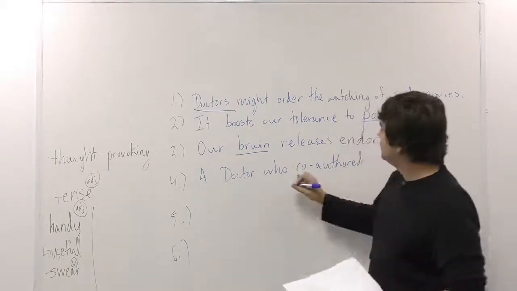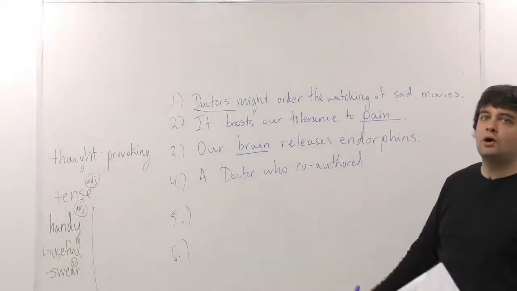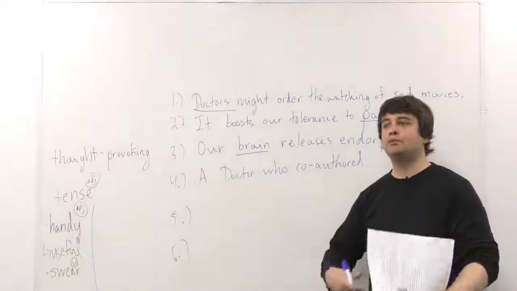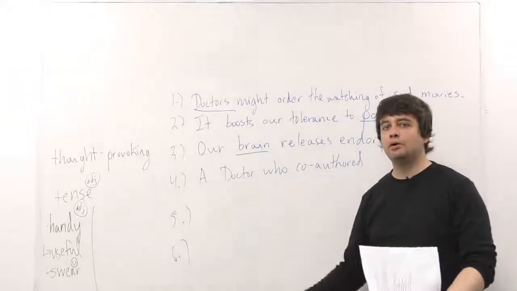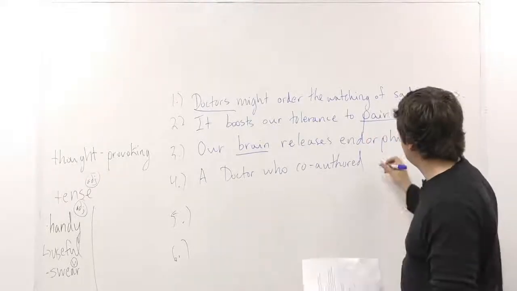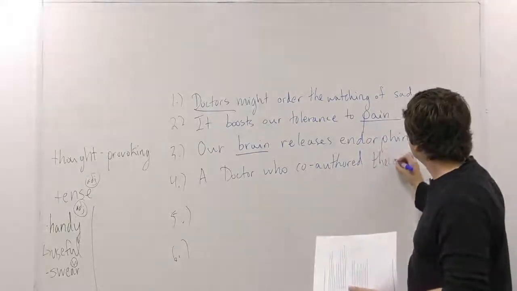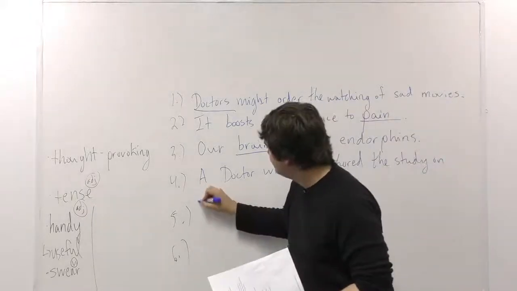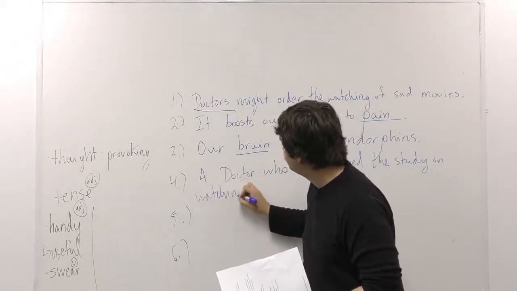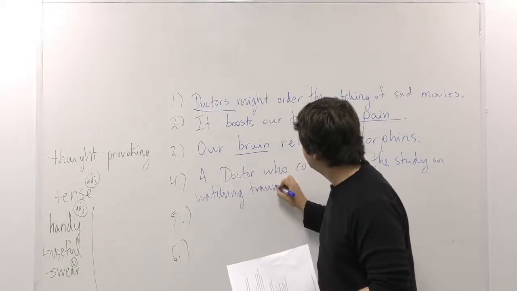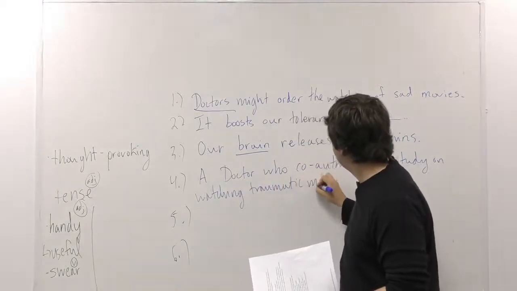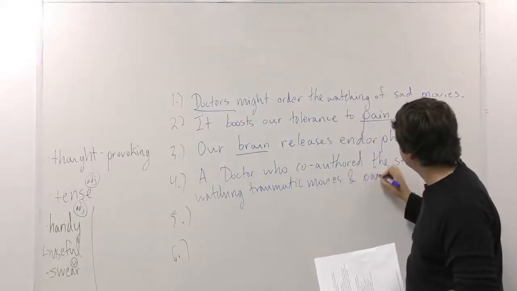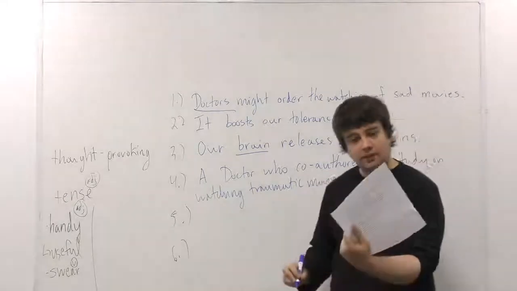Now, like I said before, co-author means that there's more than one author, right? That means multiple people worked on this book, wrote parts for this book, right? A doctor who co-authored the study on watching traumatic movies and pain.